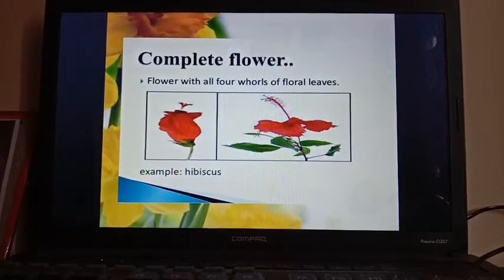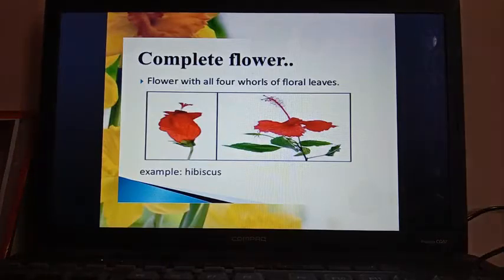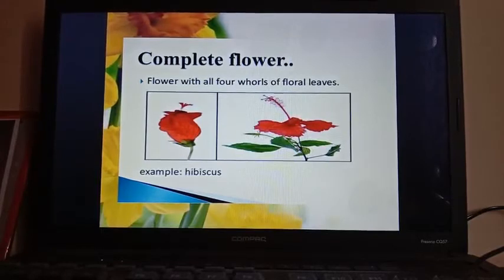So the first type of flower you can see here is known as a complete flower. So what is a complete flower? A complete flower is a flower which contains all four whorls of floral leaves, that means calyx, corolla, androecium and gynoecium.